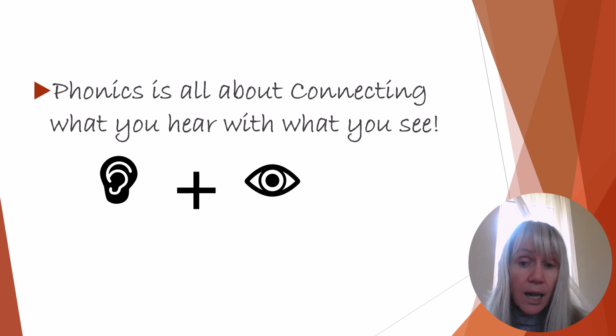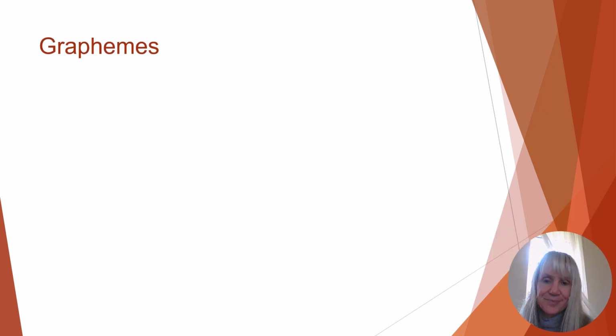Phonics is all about connecting what you see with what you hear. So we are hearing the word or the sound, and now we're going to see it on the paper, represented by the letters that make that sound.